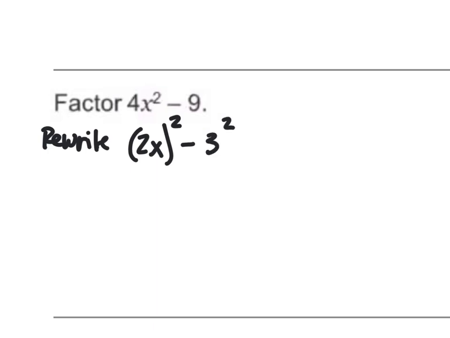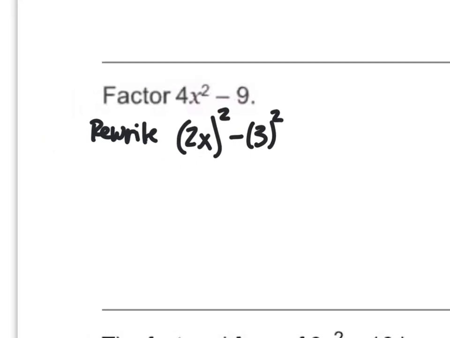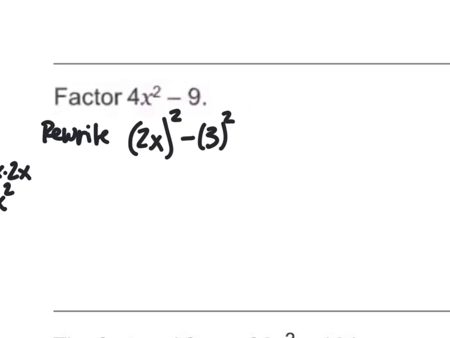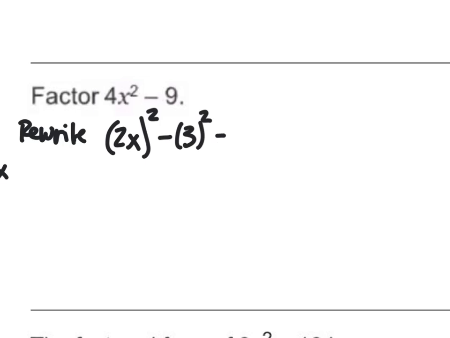What I want you to see here is that you have a quantity squared minus another quantity squared. If I have 2x quantity squared, then all I'm really doing is taking 2x times 2x, which ends up giving me 4x squared. So if I recognize that, then I just factor that as 2x plus 3 times 2x minus 3.